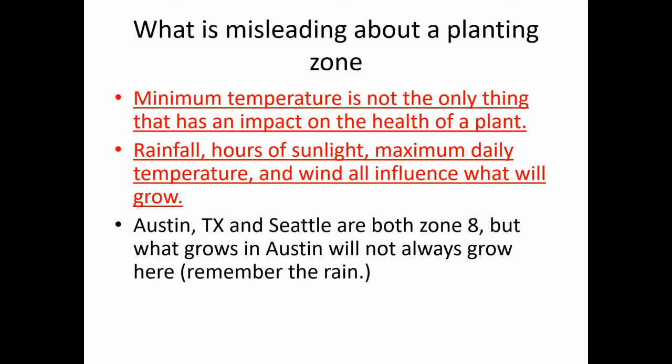If you think about Texas, Texas gets way hotter than we get here in Seattle. It's hotter at night, which is a big factor, and it's hotter during the day. So even though in the summertime we have more hours of light, we just don't get the same kind of heat that, for example, Texas or Georgia has. So while you can grow it here, it doesn't necessarily mean it's going to thrive here.